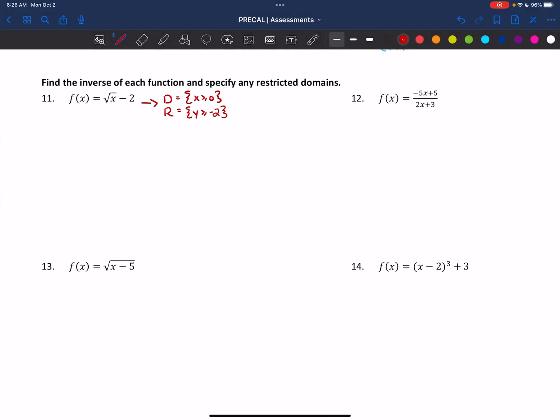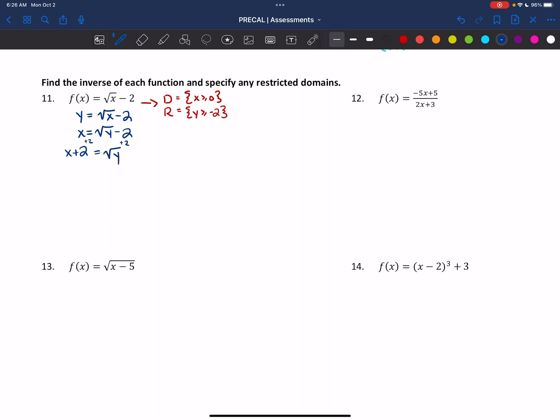Okay, now let's go about finding the inverse. We'll want to replace f of x with y, and then switch x and y, and then solve for y. We do that by first adding 2 on each side, right? Doing the opposite operation.